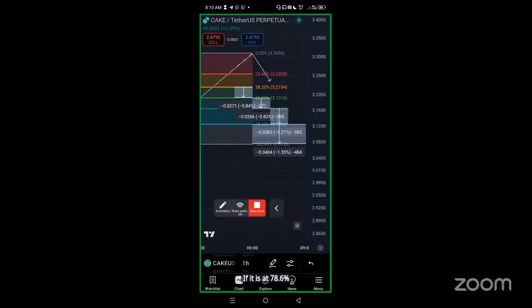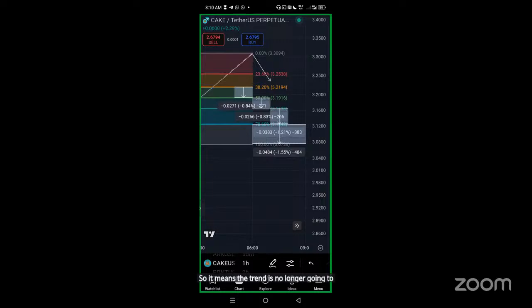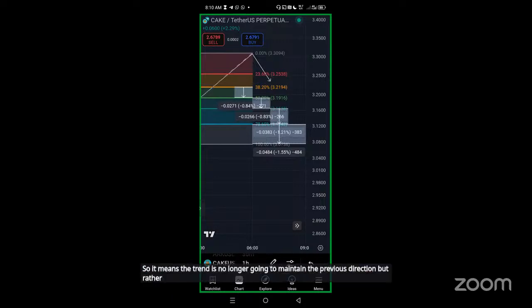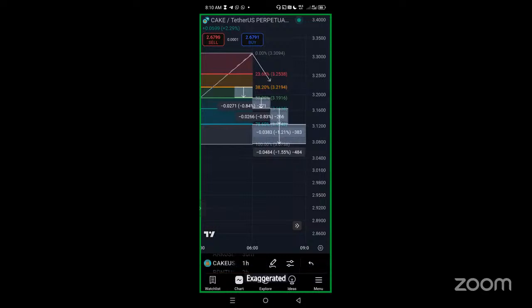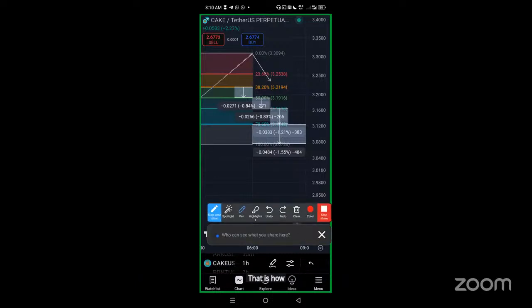If it comes to the 78.6% fib level, that is the point you should now be certain that this is no longer a pullback, but rather a reversal to the downside. It means the trend is no longer going to maintain the previous direction, but rather a change has already been exerted in the market. So definitely now the price is no longer going to go up, but rather it will go down. That is how you ascertain a trend reversal to the downside.